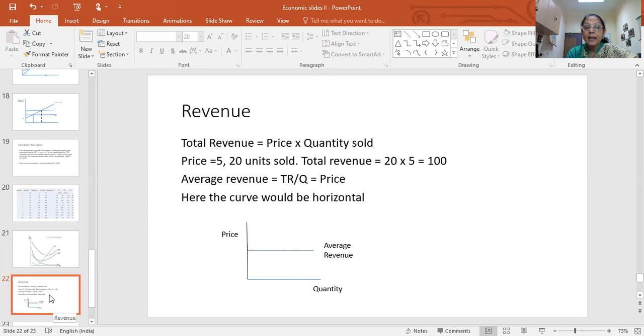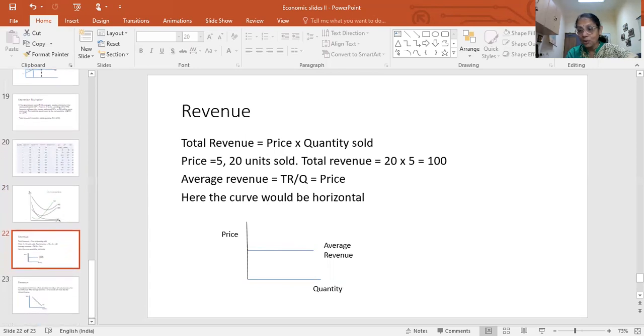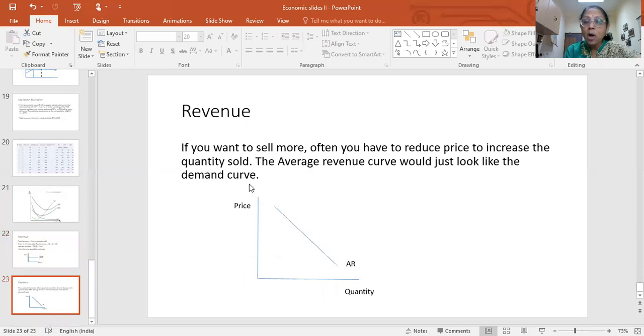But if you realize that you can't really sell everything that you want to sell. So if you want to sell more, demand will increase only if price decreases, law of demand. So if I want to keep selling more and more, I will have to keep decreasing the price. So if you want to sell more and more, often you have to reduce price to increase the quantity sold.